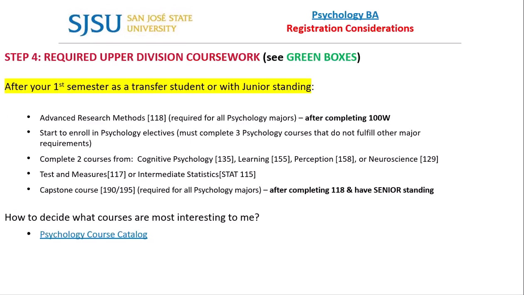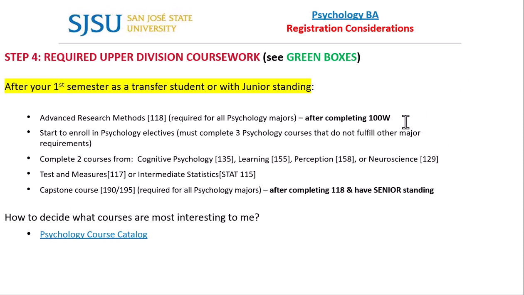All right, now let's say that you're completed with your first semester as a transfer student, or you're a senior, and you've completed everything that I have talked about before. Now what do you need to consider? Well, the next things you need to determine are these.